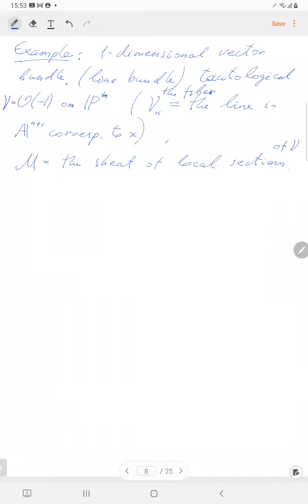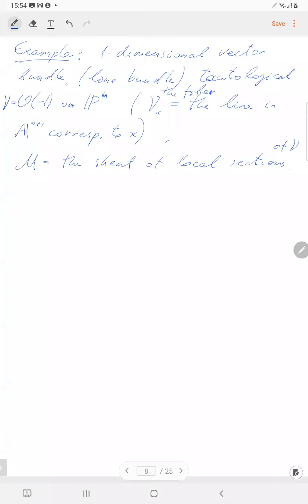So given a point in projective space, I consider this corresponding line that corresponds to this point. Just this one line. This is just a linear line, not affine, but a linear line passing through 0.